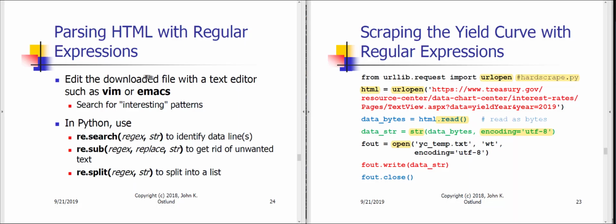Okay, so I have downloaded the file, examined the file with an editor, VI in my case, and now within Python I can use various regular expression functions to search for patterns, and then to use substitutions to get rid of the part of the patterns that I don't want. The substitution function allows me to specify that if I find some regular expression pattern, I want to replace that pattern with some replacement string.